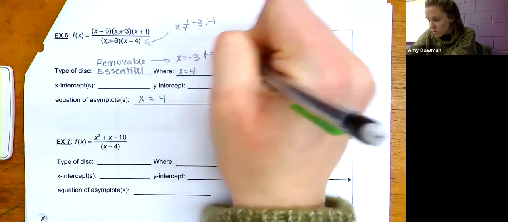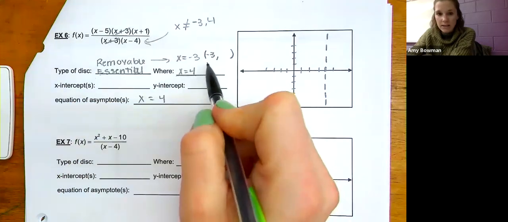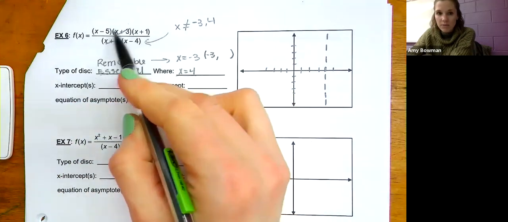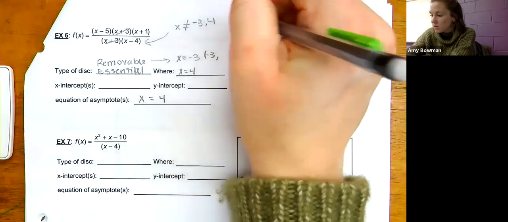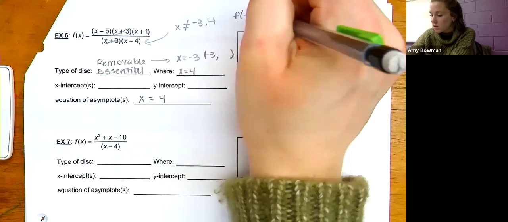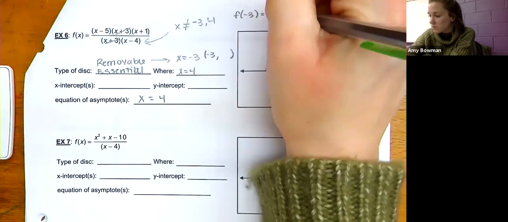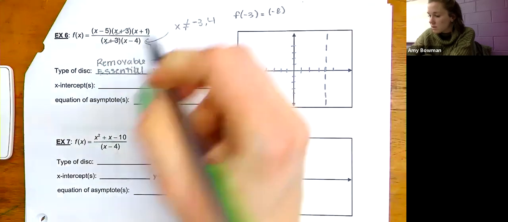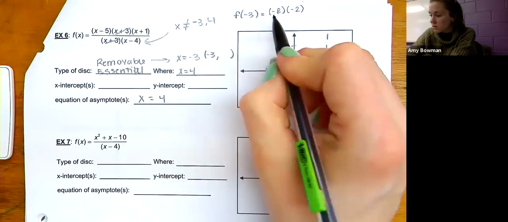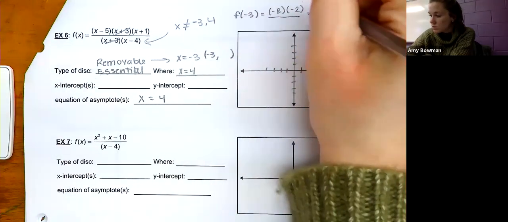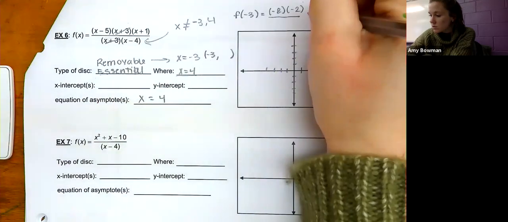If I want to know the coordinates of that hole, I would evaluate my function when x is -3, after I remove these two factors. So f of -3 would be -3 minus 5, so -8, times -3 plus 1, -2, which is +16, over -3 minus 4, which is -7.